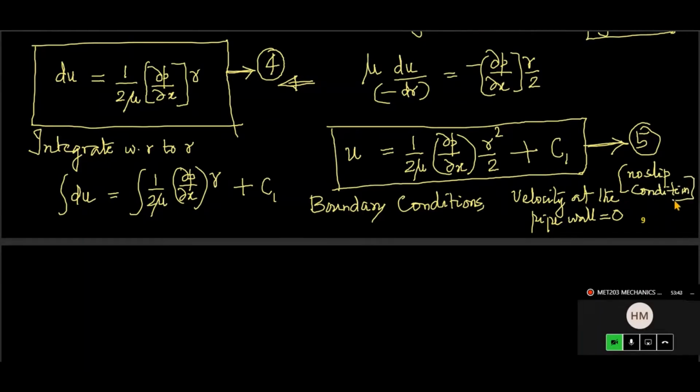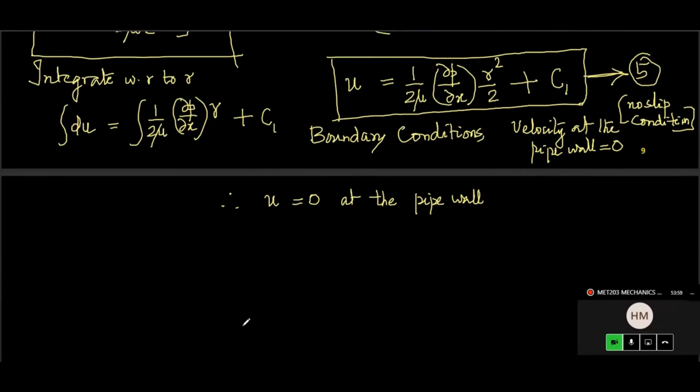So therefore velocity u is equal to 0 at the pipe wall. Consider that u is the velocity in the x direction, because here the flow is one dimensional. At the pipe wall means the radius r is equal to capital R.